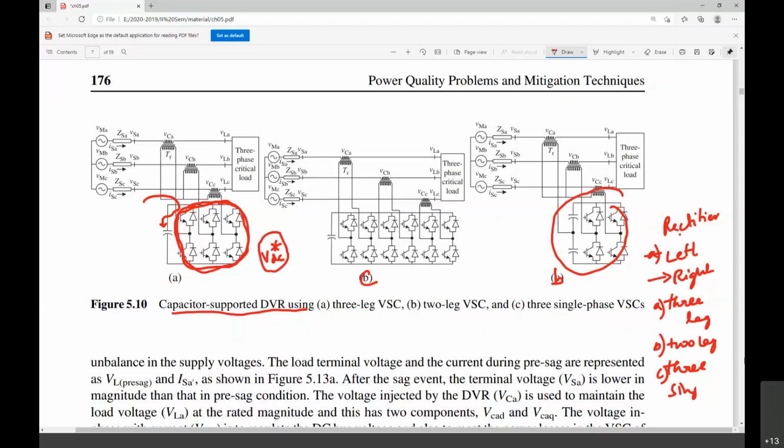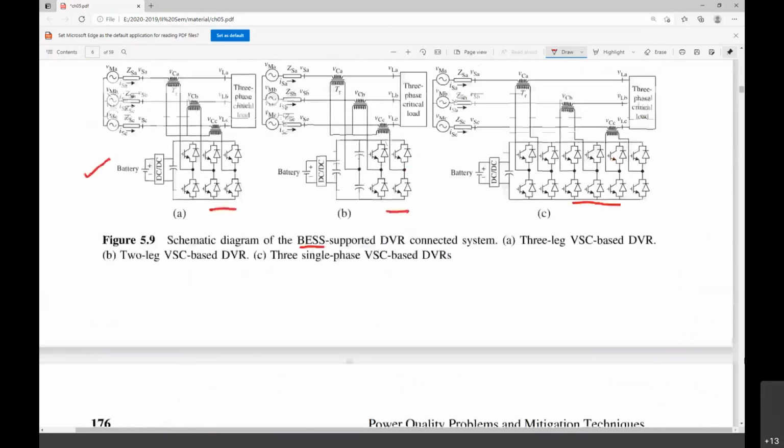The battery energy storage system is very well controlled by the DC-DC boost converter. In order to charge the capacitor, we need to operate this DC-DC converter, and it operates based upon the state of charge of the battery also.